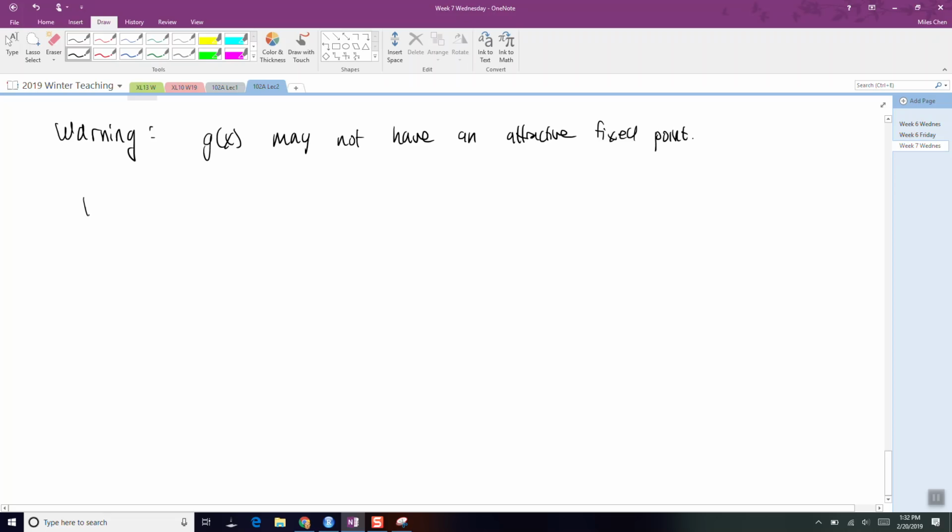The rule is, if the absolute value of the slope of g of x is less than 1, it will converge to its fixed point. Otherwise, it will diverge.